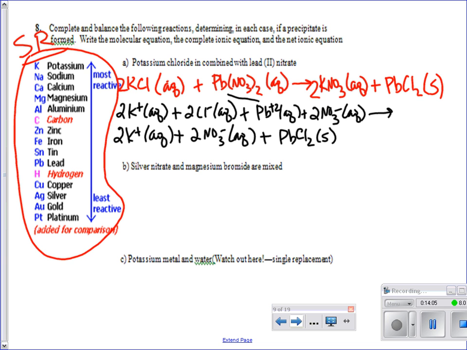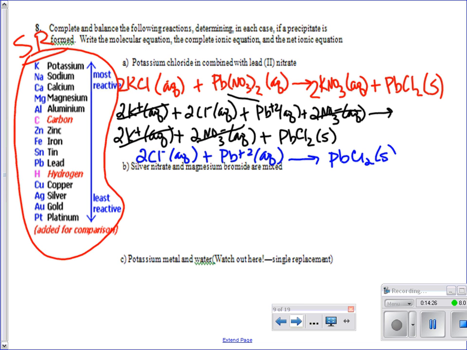So what is the same? Potassiums can go, and nitrates can go. So now I rewrite my final net ionic, and I get 2 Cl- aqueous plus Pb2+ aqueous gives us PbCl2 solid.